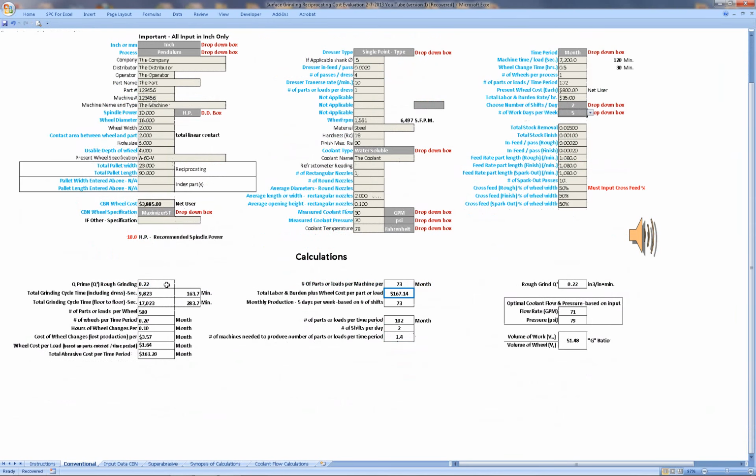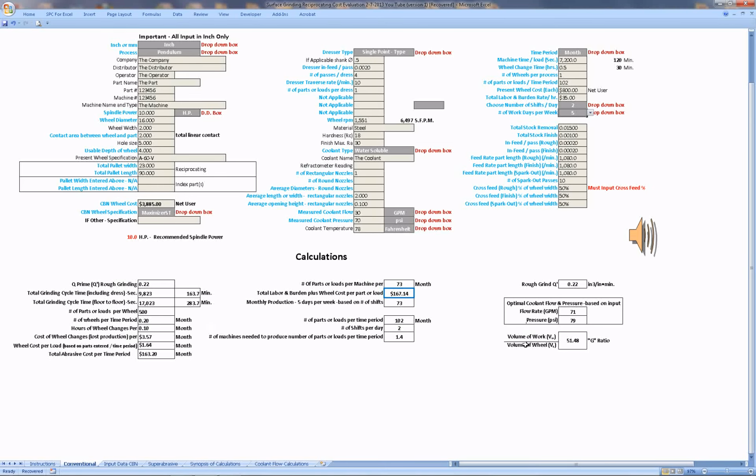On your rough grind, you actually show 0.22 Q prime. And Q prime is simply, in surface grinding, the depth of that cut times the traverse rate equals the Q prime. So that shows up on both sides. Again, what we need for GPM and PSI for optimal.